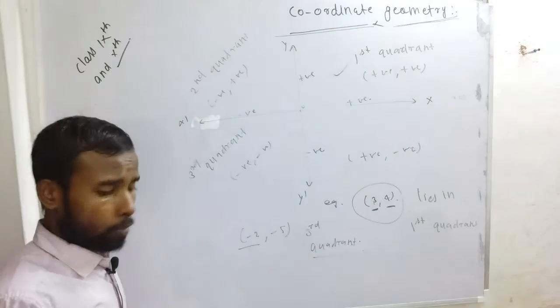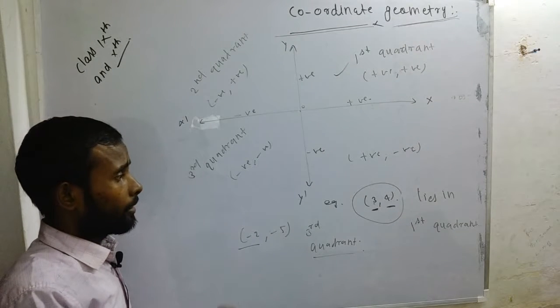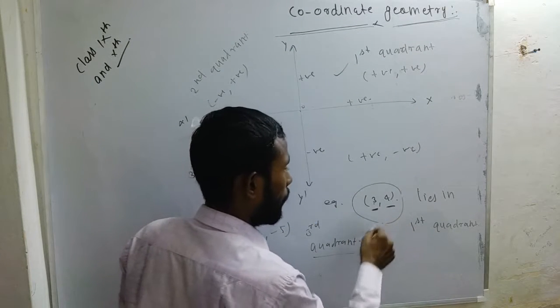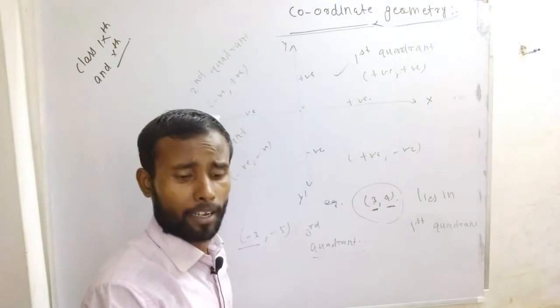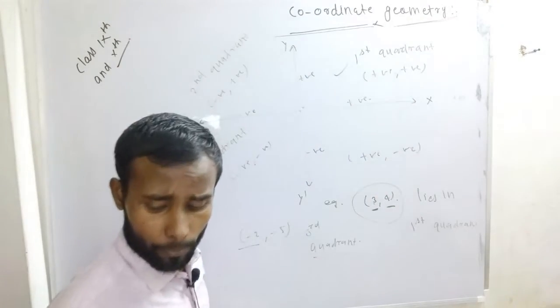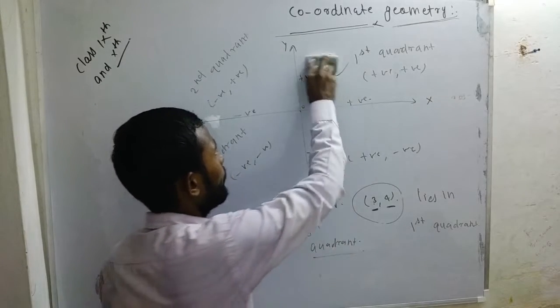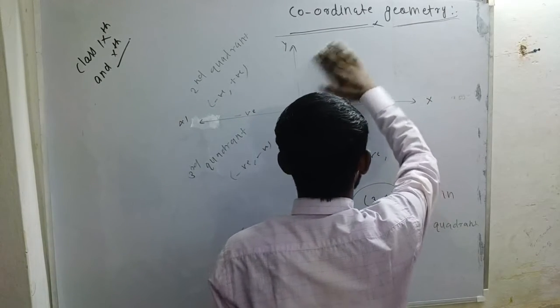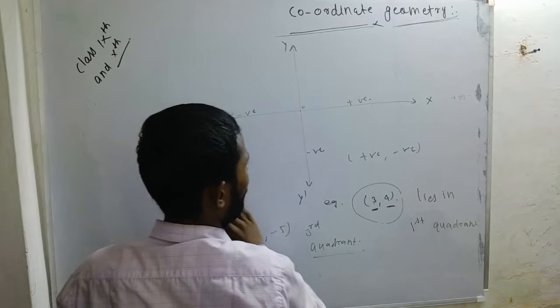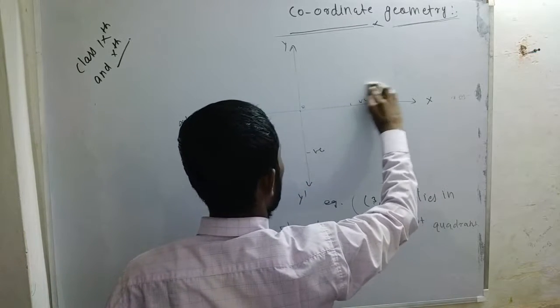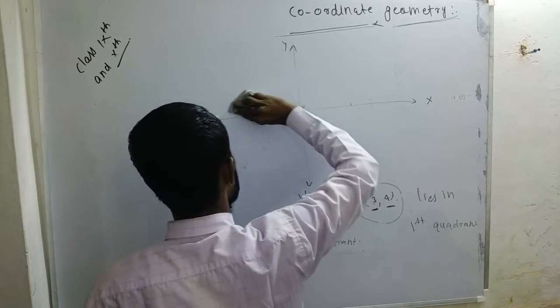Now we want to find the position of this point in a graph. This is so simple. Firstly, we take a scale in this system.